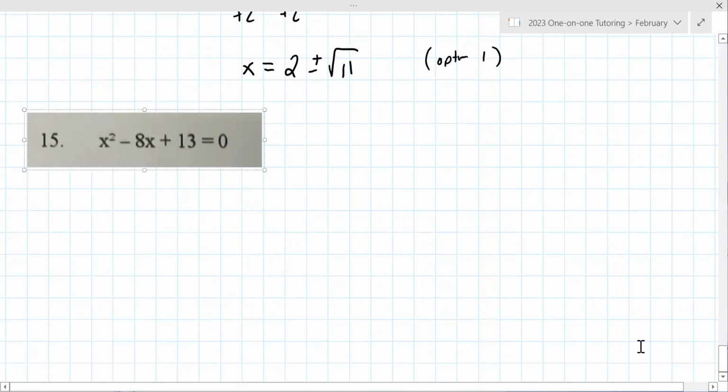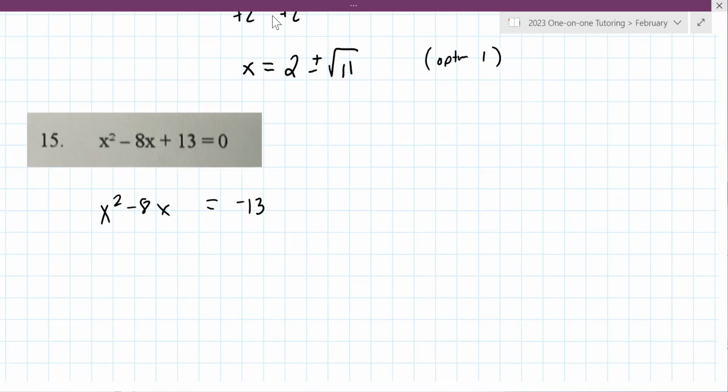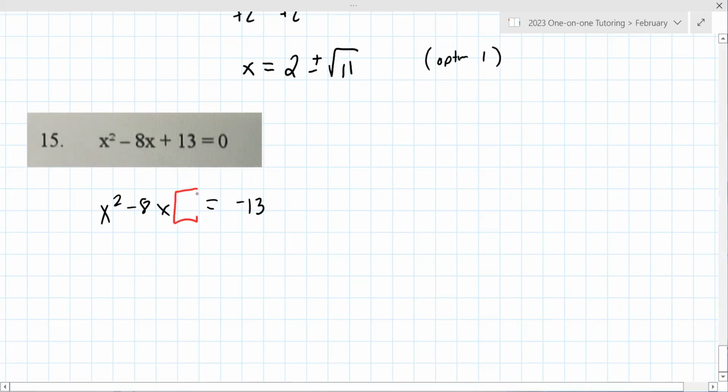What should I do first here? What have we done in all the other problems? We would do minus 13 on both sides. Yes. So it'd be x squared minus 8x equals minus 13. I would continue to put those boxes there.